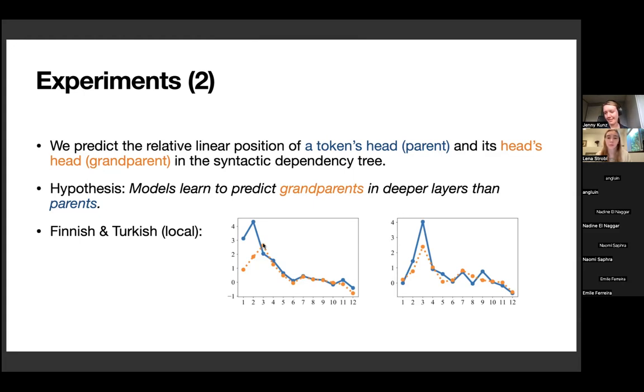And again, we don't see that we can draw conclusions about how this relates to properties of the language or of the training data or training regime of the model.